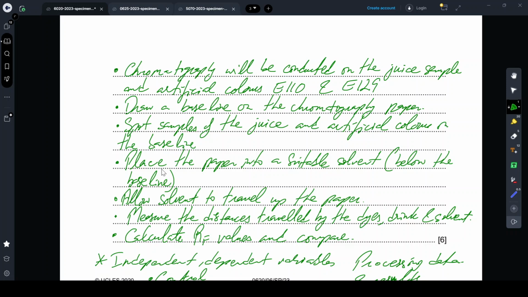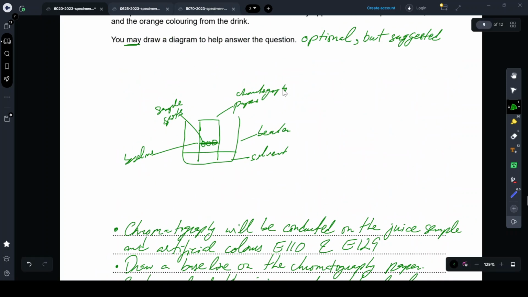Because everything else is shown in the diagram. Now, the best case is to do both together, because if something's lacking in your explanation, it can be made up with the diagram, and if there's something lacking in the diagram, it can be made up with the explanation. That's why it is optional, but suggested.